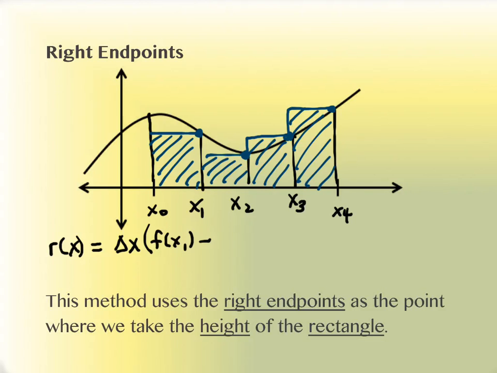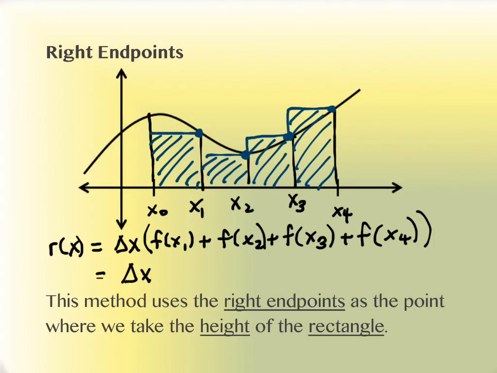And what's the last height that I have? Yeah, we actually get f of x4. And in summation notation, this would be going from i equals 1 to 4 of f of x sub i.